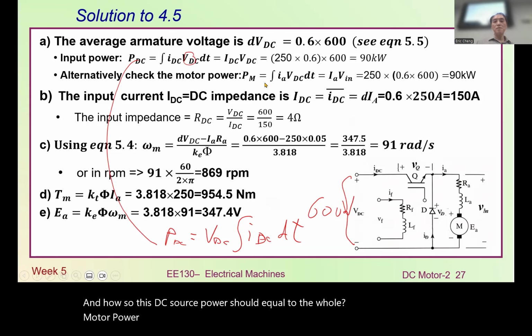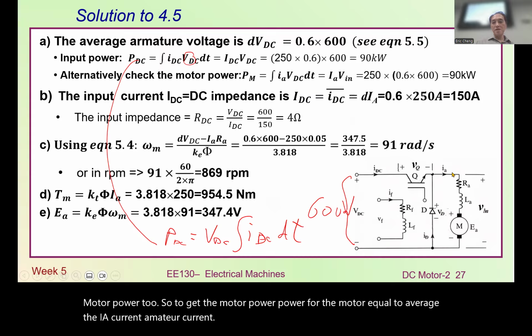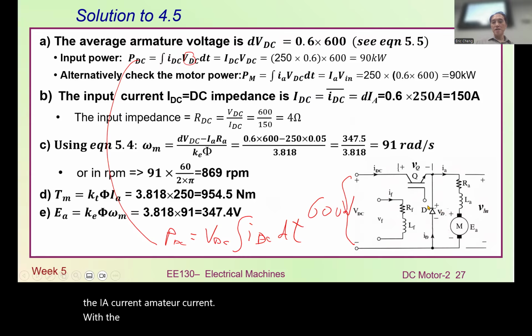So the motor power is equal to the average of the armature current IA times the voltage here, right? The motor voltage. Again, we have 250 current. We assume the current to the motor is constant.